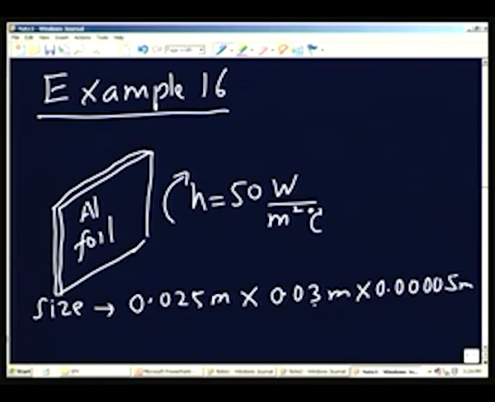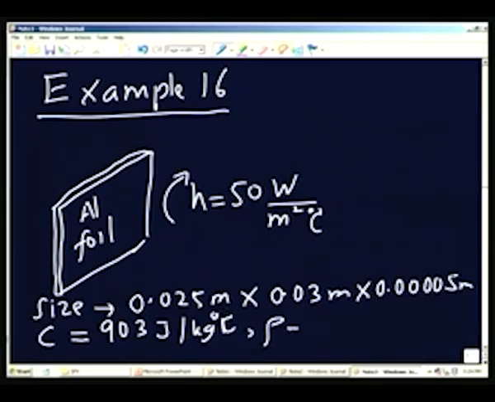This is the size of the foil, and the foil is losing heat with a heat transfer coefficient h equal to 50 watts per meter squared Celsius. And for the properties of aluminum, the specific heat capacity C is 903 joules per kg Kelvin, or kg degree Celsius, and the density of aluminum is 2700 kg per cubic meter.